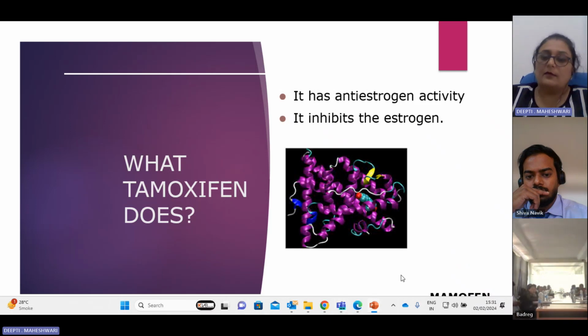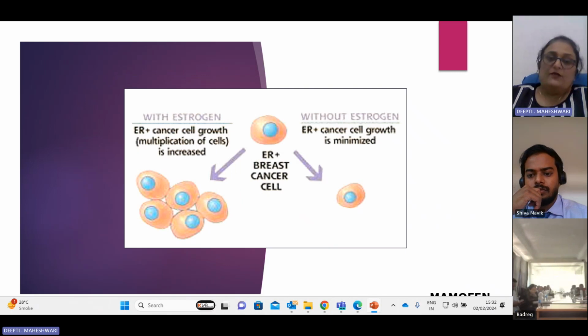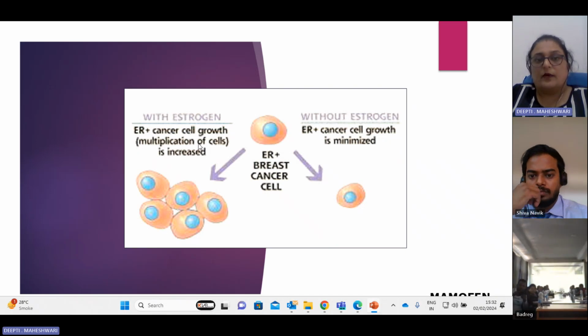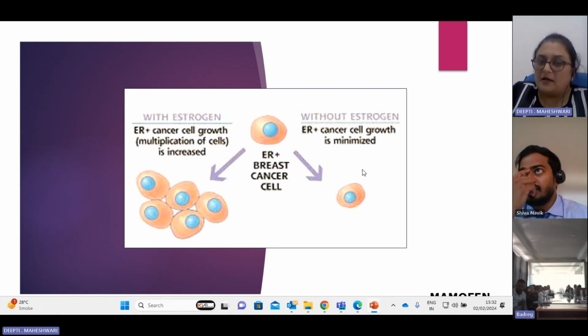So this is the simple mode of action of tamoxifen. If you see this diagram, if estrogen is present, ER positive, cancer cells are growing and multiplying. Without estrogen, if you deplete the body of estrogen and the estrogen is inhibited, then the multiplication of these breast cancer cells will be minimized, and you will see only a few cells remaining.